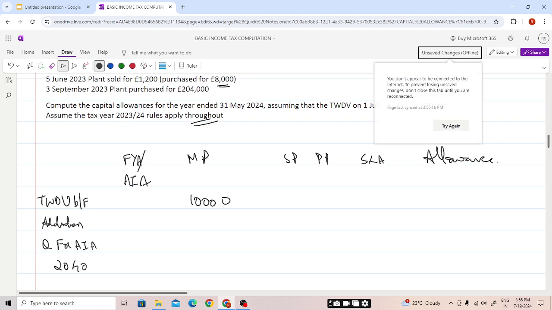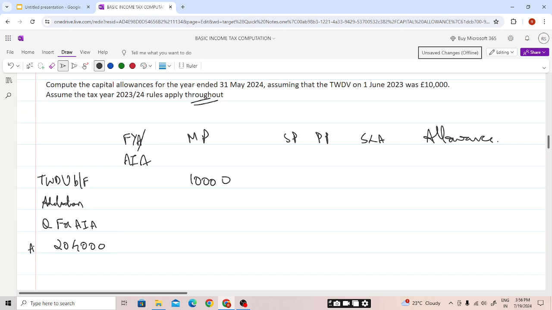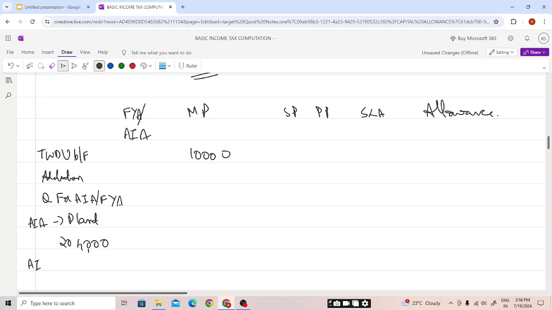As there is no FIA and no car, AIA will be available on the plant, that is 204,000. It is within the AIA limit, so the full 204,000 will go to the allowance column. It will not increase our limit because it is a 12 month accounting period.